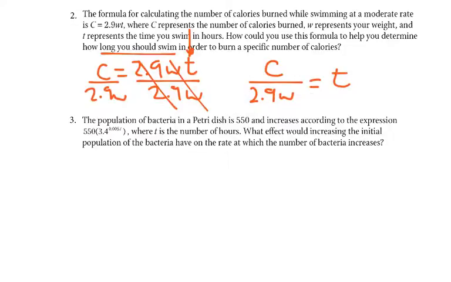Okay, number 3, or 23 I think, right? The population of bacteria in a petri dish is 550 and increases according to the expression 550 times 3.4 to the 0.005 times t, where t is the number of hours. What effect would increasing the initial population of the bacteria have on the rate at which the number of bacteria increases? Okay, so in other words, if we make that higher, how is that going to affect this?